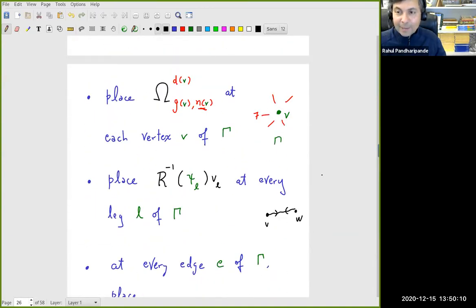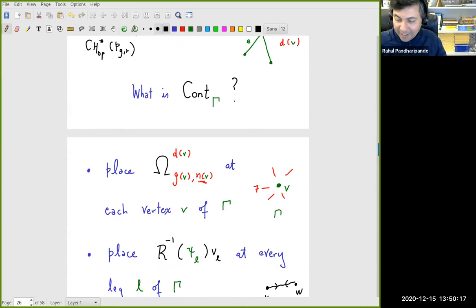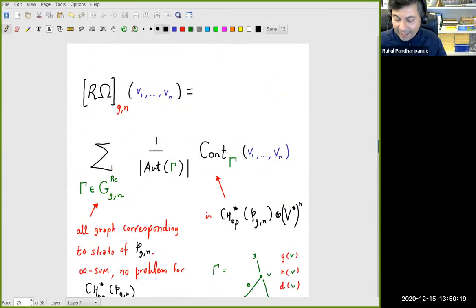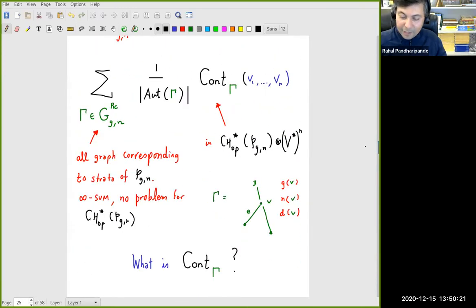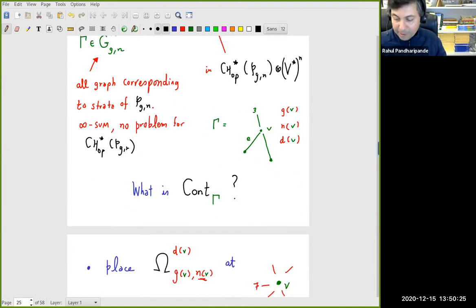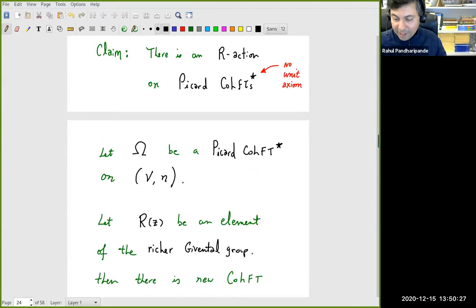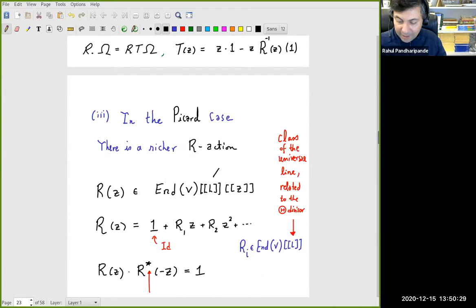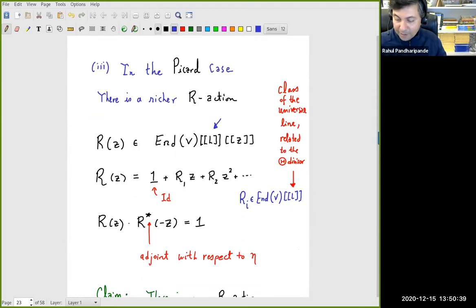So I don't know whether this discussion here was understandable. It depends a little bit on how familiar you are with the R matrix action on Deligne-Mumford CohFTs, but the summary is that there's some issues of infinity to come to terms with, but they essentially don't cause a problem. Then there's this new geometric object L, which essentially corresponds to the universal line bundle, and the new class corresponding to the universal line bundle.